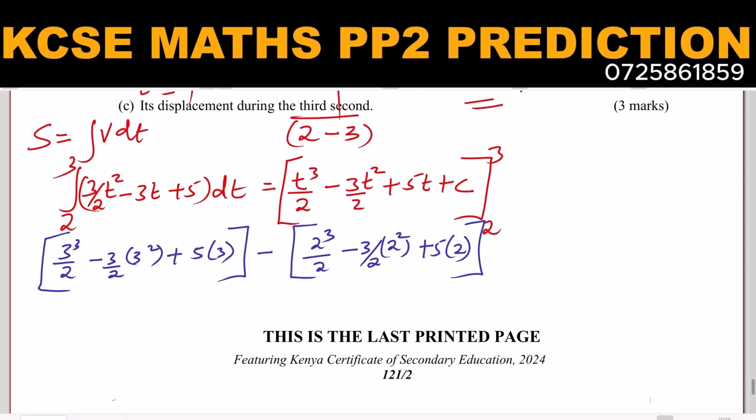From here you can use a calculator to work these out. 3 cubed divided by 2 minus 3 over 2 multiplied by 3 squared plus 5 multiplied by 3: the whole of that part gives you 15. The other one, 2 cubed divided by 2 minus 3 over 2 multiplied by 4 plus 10, gives you 8. When you subtract these, you get 7 meters. That is the displacement.